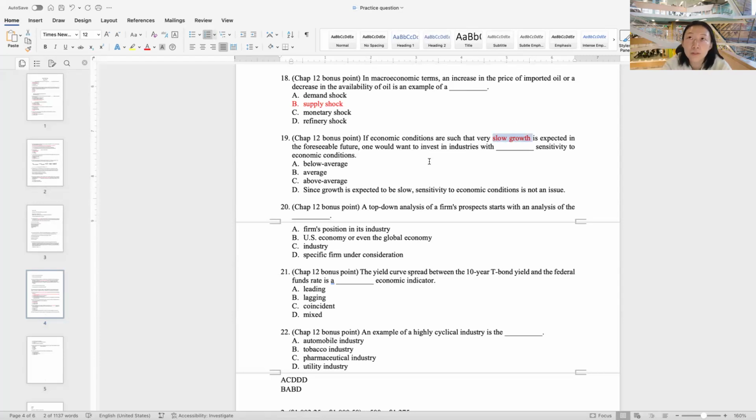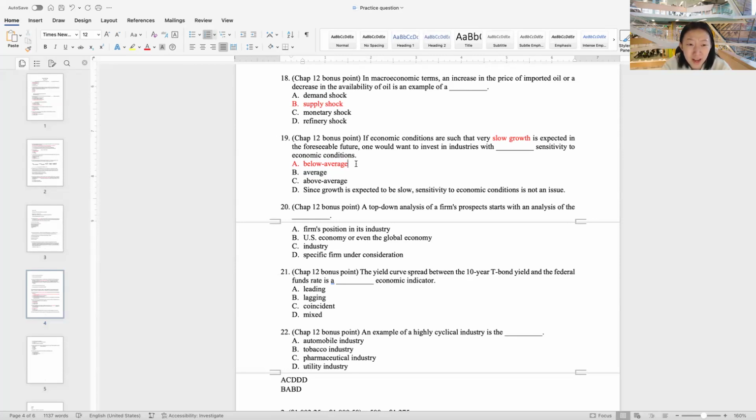So you don't want those industries. You want some industry that is resistant to the overall economy. So you need a below-average sensitivity. For example, utility companies, biotech companies, those are not really following the economic cycle.